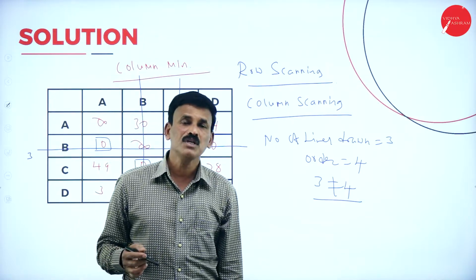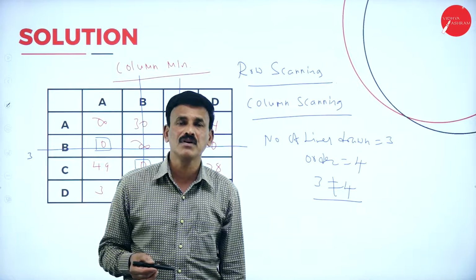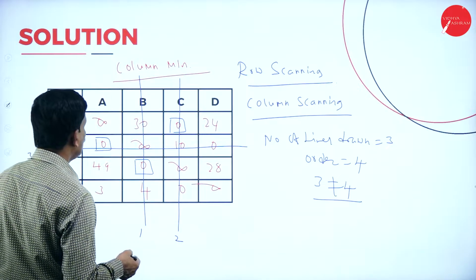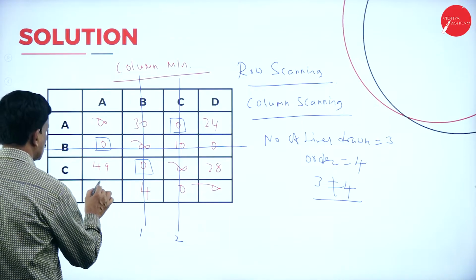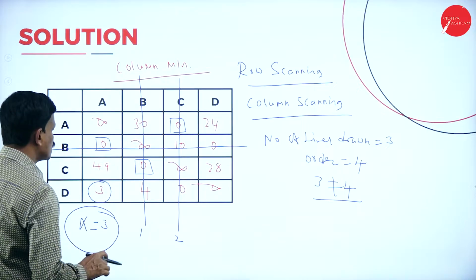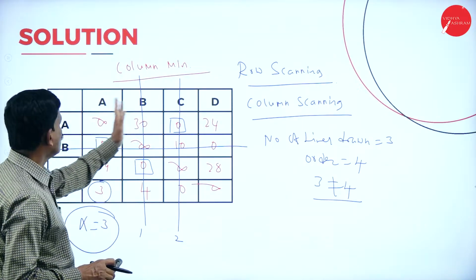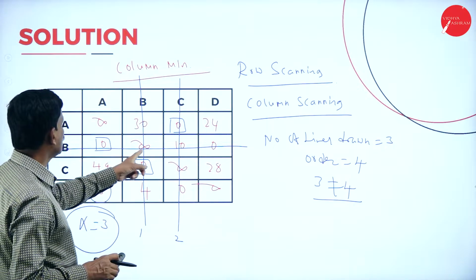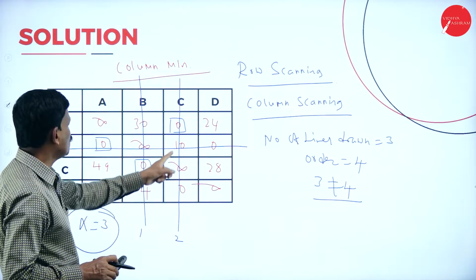What is the next step? Identify the least uncovered value. What is the least uncovered value? 3 is the least uncovered value. X is equal to 3. Now you can subtract all the uncovered values by 3, and at the intersection of the lines, at these points we are going to add 3.